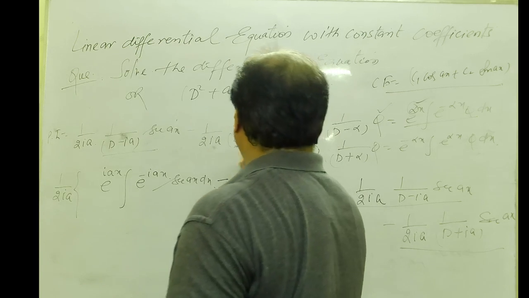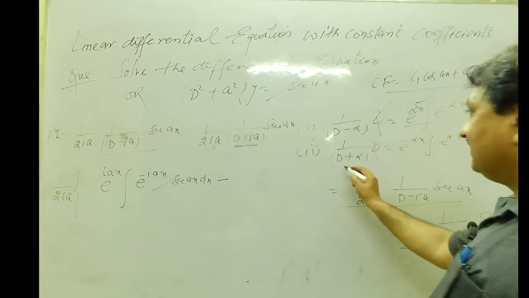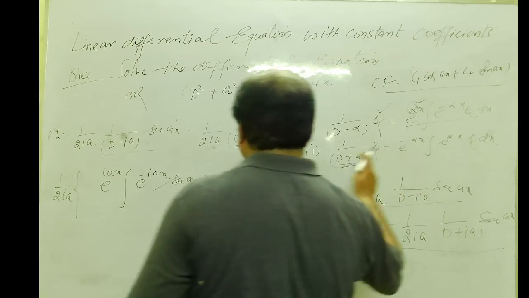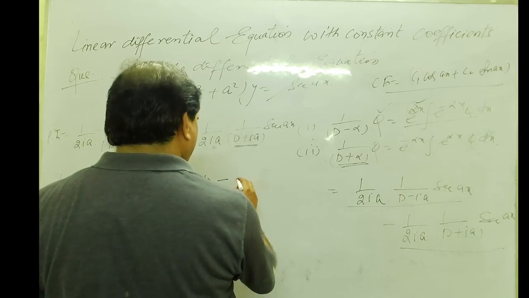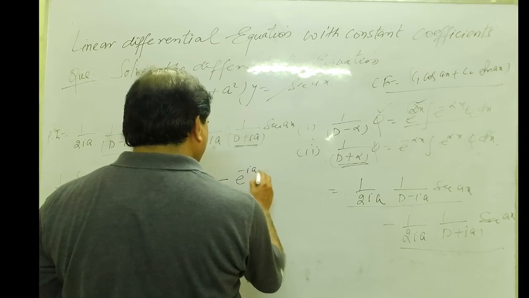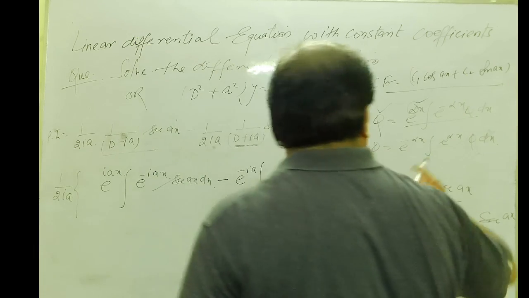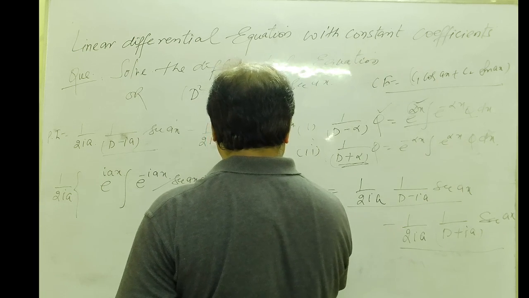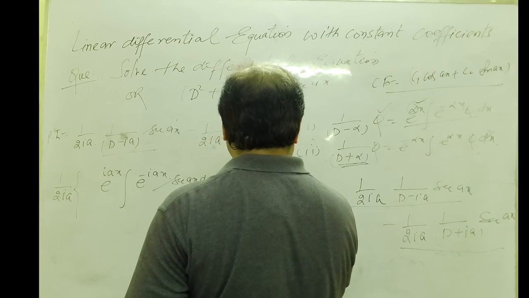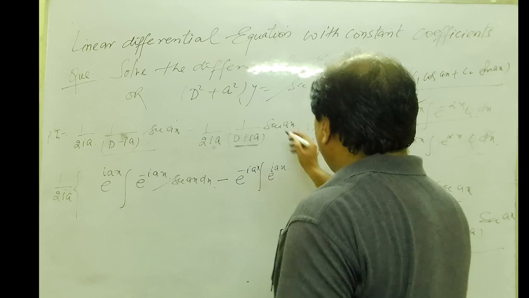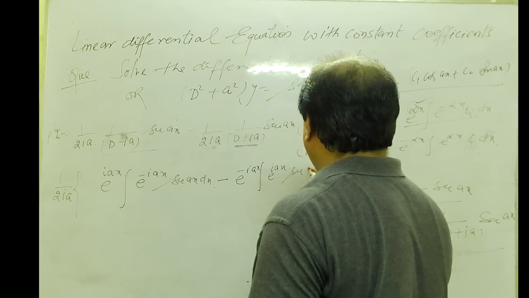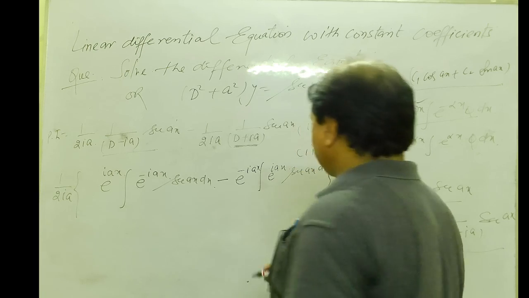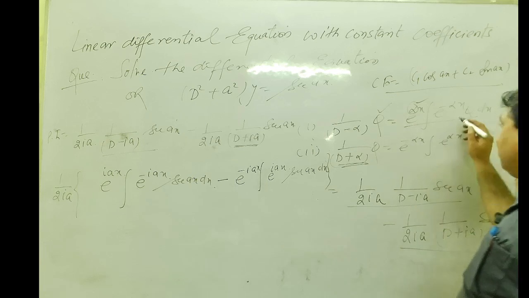Apply this formula with the plus sign. Again apply: equal to e power minus ia integral e power iax and e power iax into Q is sec ax dx. Please check carefully. This is the answer.